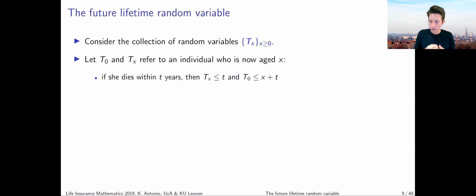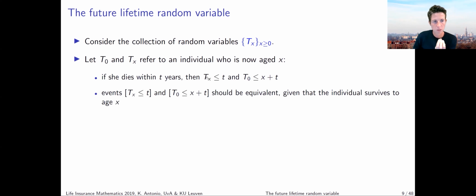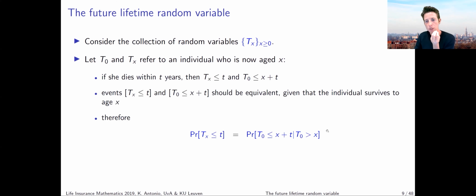But I can capture that same probability in terms of T_0 by saying: I want to know the probability that T_0 is less than or equal to x plus t, conditional on the fact that this newborn reached the age of x. So if I put that mathematically together, I have the equivalence like this.